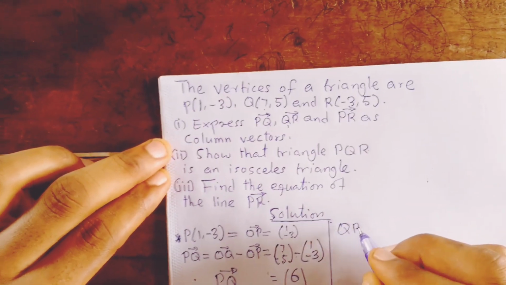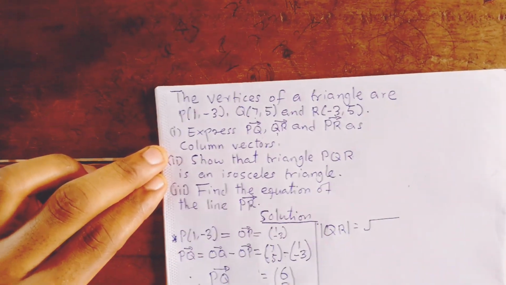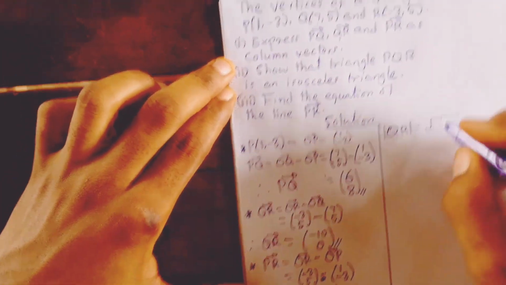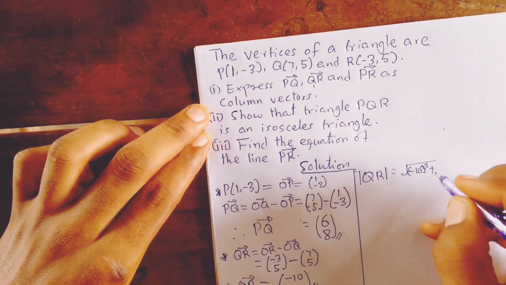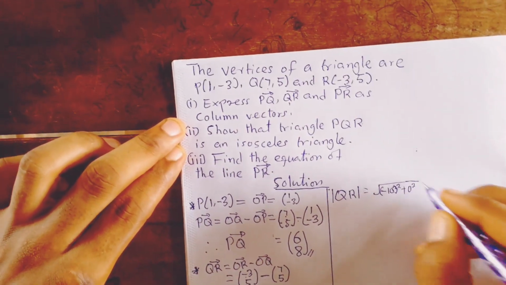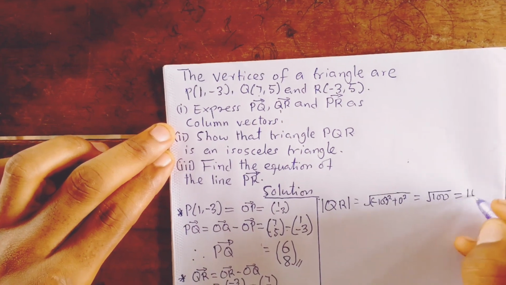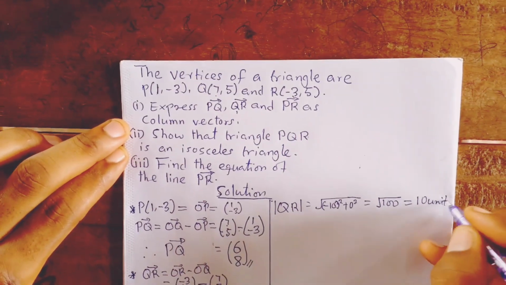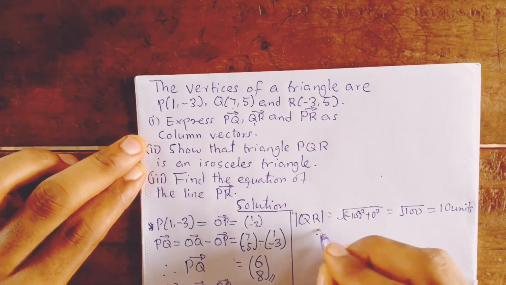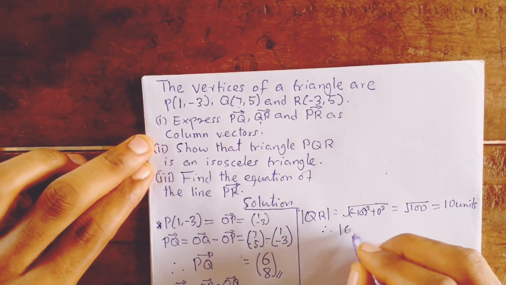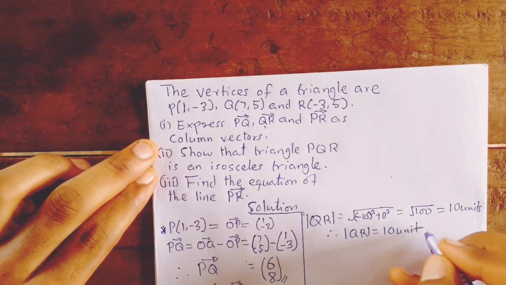The magnitude of QR is equal to the square root of its components, which is negative 10 squared plus 0 squared, which is equal to the square root of 100, which is equal to 10 units. So therefore, the magnitude of QR is equal to 10 units.